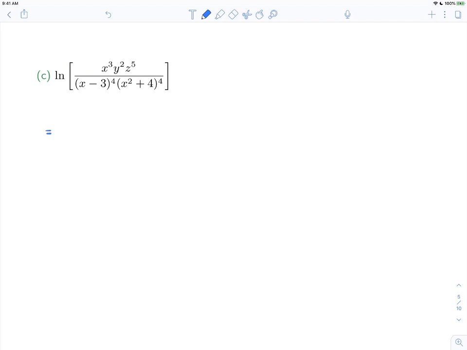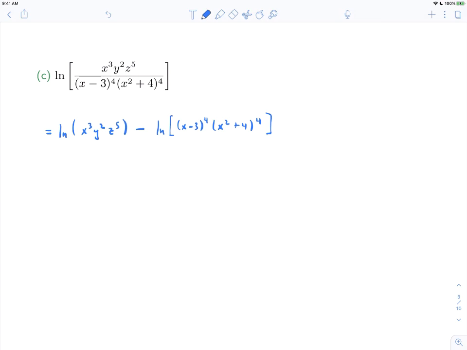So this will be the natural logarithm of the numerator, x cubed y squared z to the 5, minus the natural logarithm of the denominator, which is x minus 3 to the 4 times x squared plus 4 to the 4, like so.